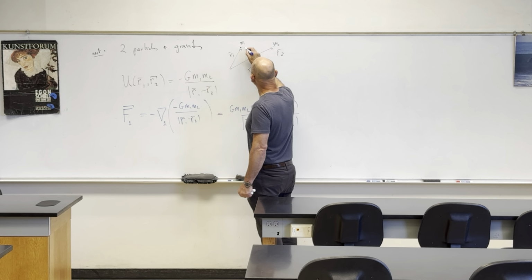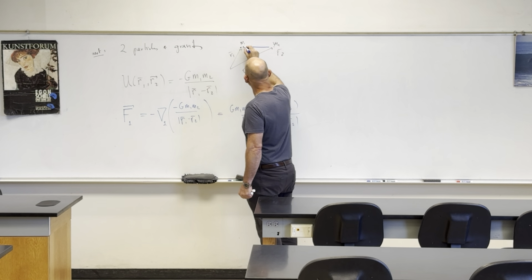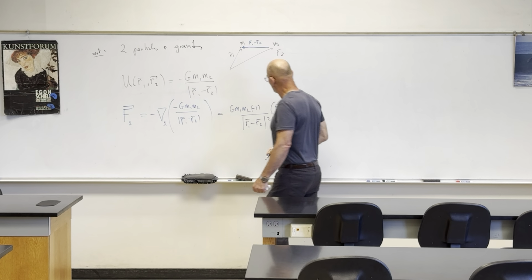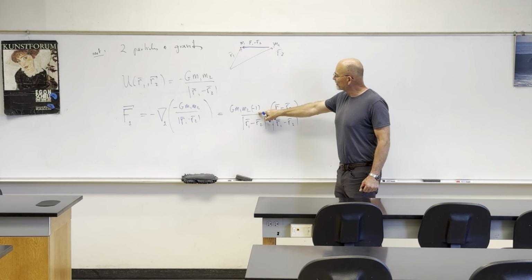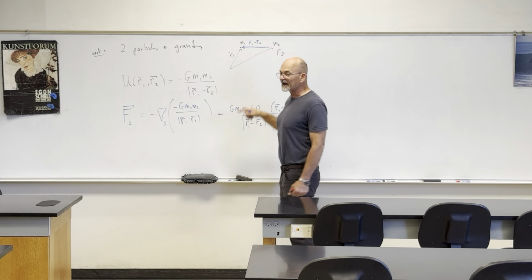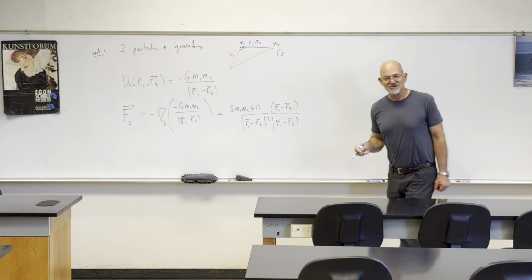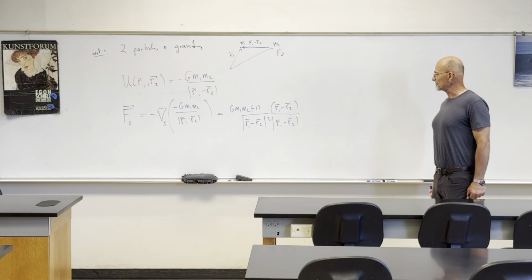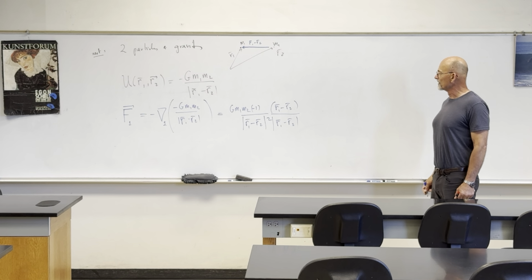R1 minus R2 is pointing this way. The minus sign in front tells me that the actual vector is pointing the opposite direction. And that's the attraction of this particle to the second one, the gravitational attraction. So everything's in there.